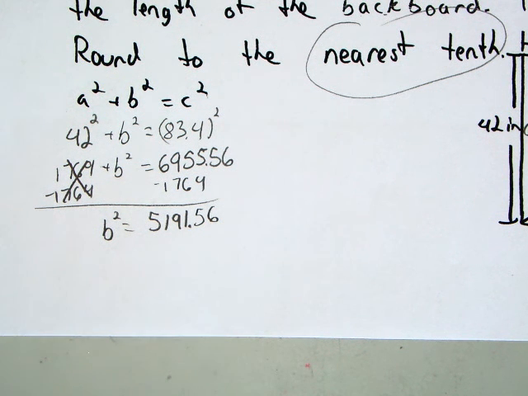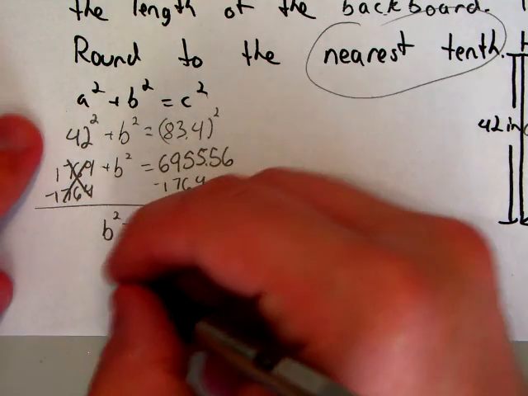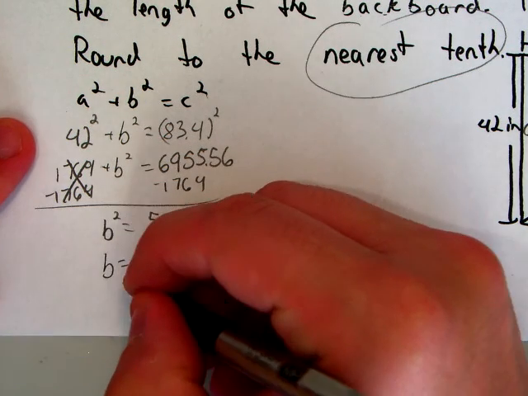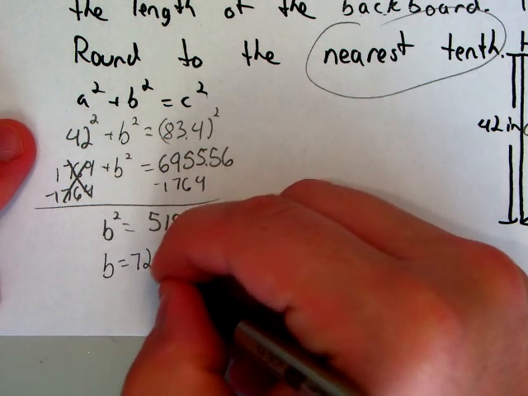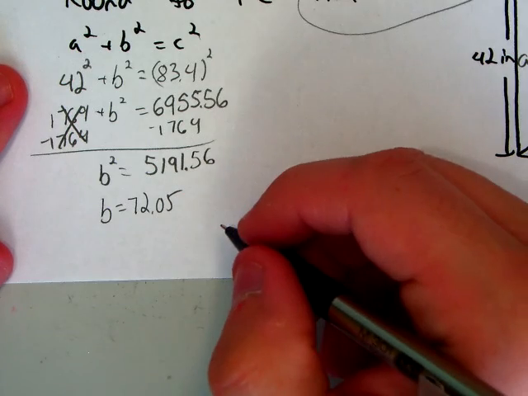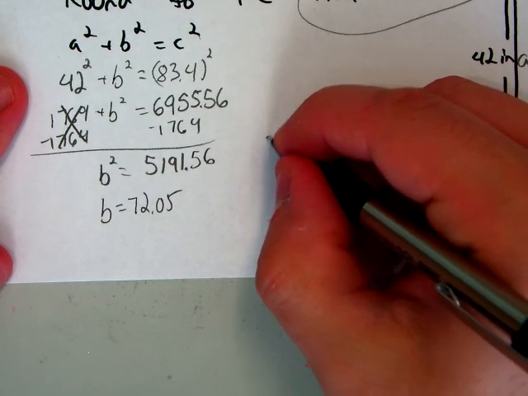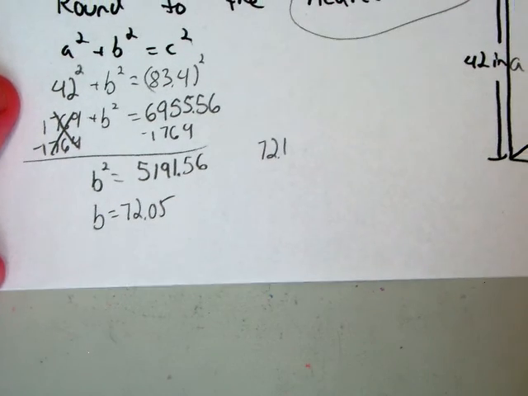If I go ahead and find the square root of that number, again, we need to round, but 5,191.56, the square root of that is 72.05, which rounded to the nearest tenth would be 72.1.